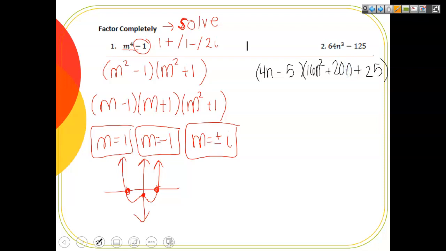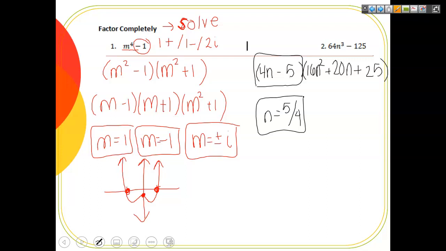Again, looking at the original problem, I have one sign change that tells me one positive root. If I were to solve this, 4n minus 5 gives me that one positive root. If you put a negative in for n, you get negative 64n cubed, negative 125, which tells you that you have no negative real roots.